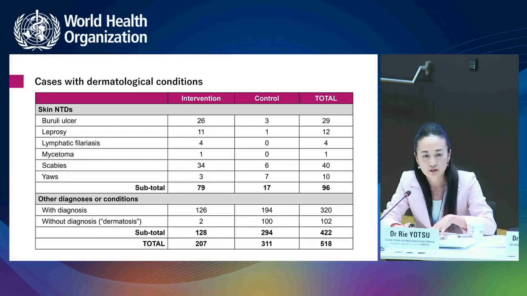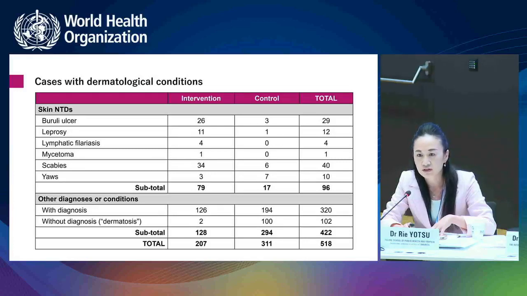These are some of the results. Cases with dermatological conditions: you can see that in the intervention arm, we had a significant increase in the number of skin NTDs diagnosed. However, it's interesting to see that in the control arm, these data were taken from the patient registry booklets, so paper forms, we saw more cases of skin diseases listed, meaning that there is a high burden of skin diseases in these communities.